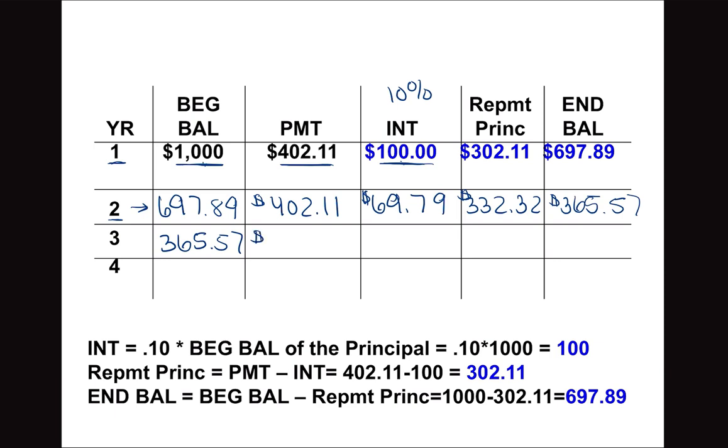Again, our payment stays the same. It looks like it shouldn't because your beginning balance is less, but remember, we're still being charged interest on that amount. So we still have to pay this 402 because we're going to pay 10% of our beginning balance in interest. So that 10% is going to be 56-ish, rounding.